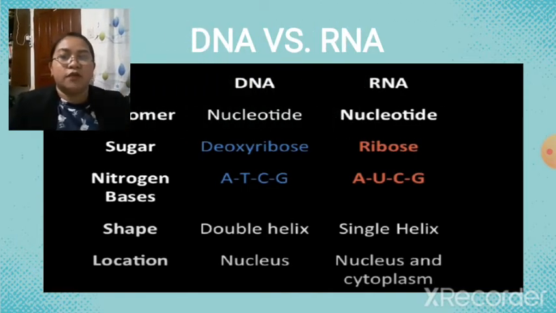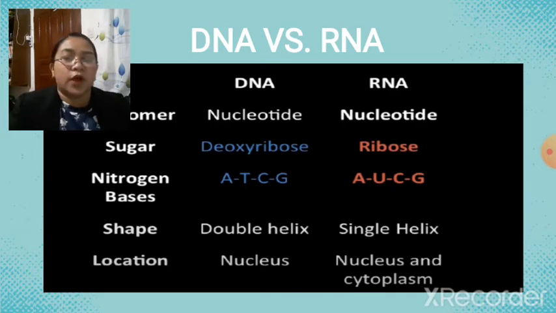Then we have here the sugar: deoxyribose for DNA and ribose for RNA. Also, the nitrogen bases are slightly different. For DNA, we have ATCG, while in the RNA it is AUCG, in which it has no thymine.